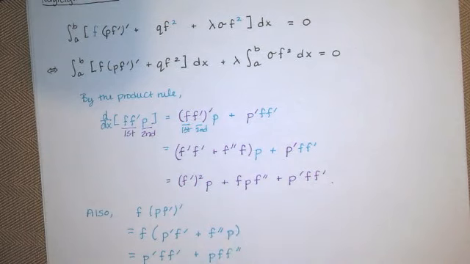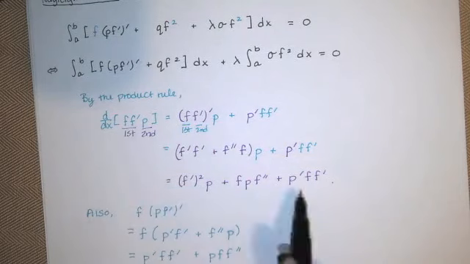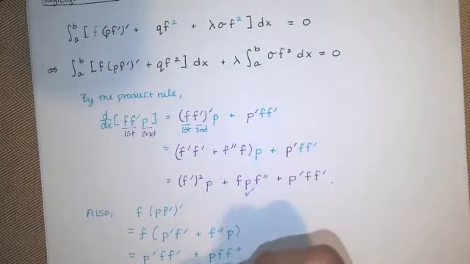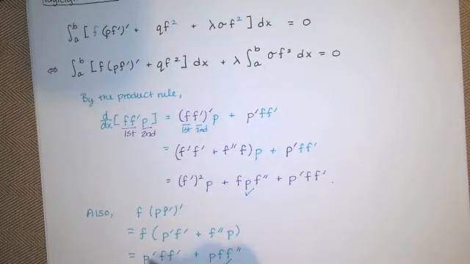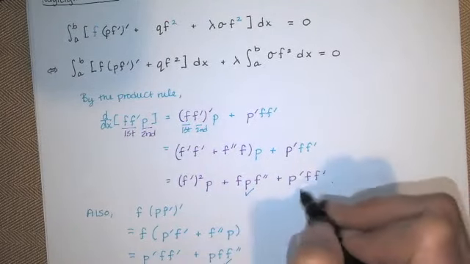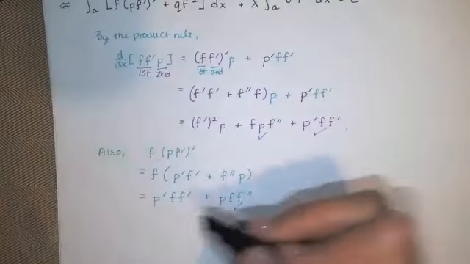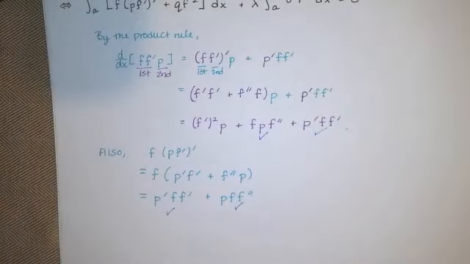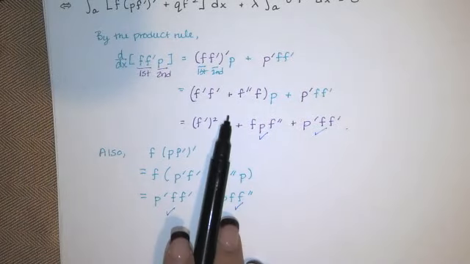Now I've written them in different orders, but notice that this expression is equal to this and this expression is equal to that. And I've got a P F double prime right there and right there. And I've got a P prime F prime here and also here. So the only thing that these two do not have in common is this piece.